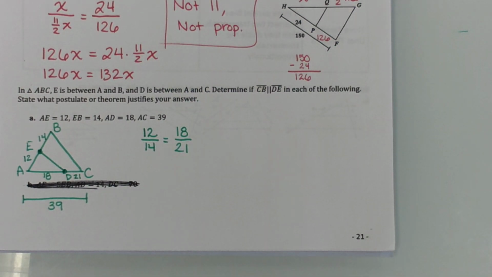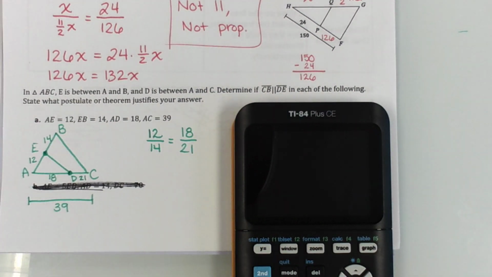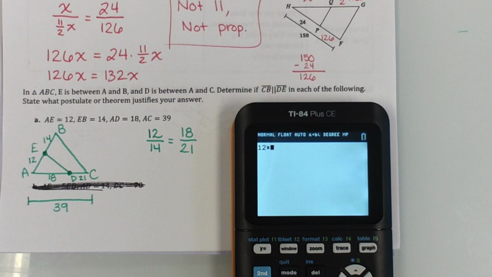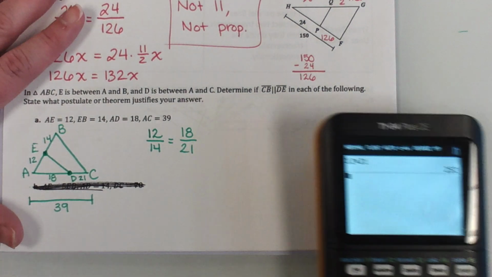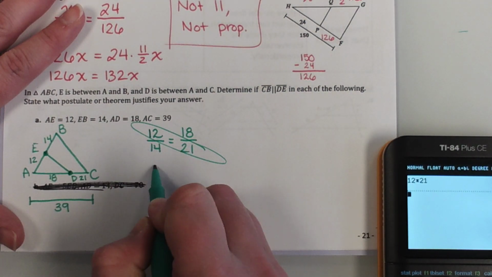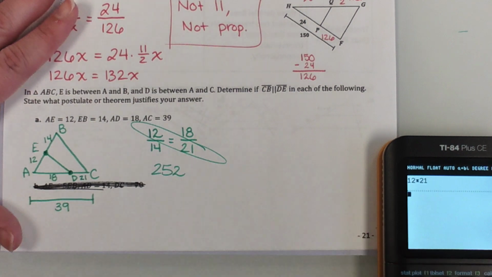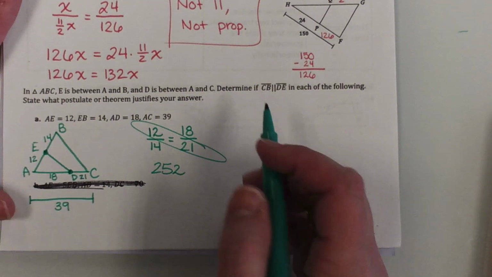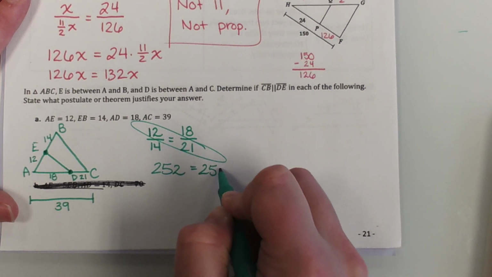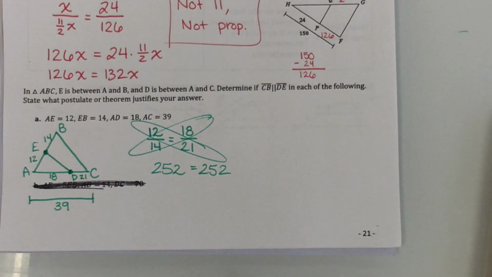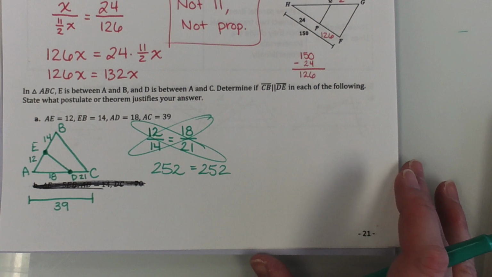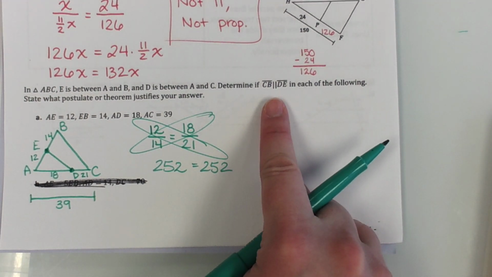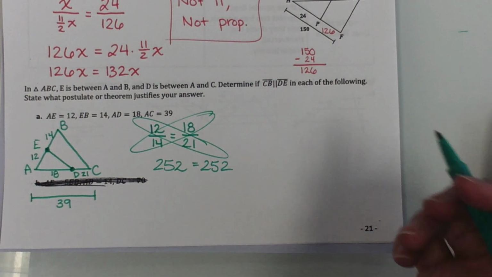I can either simplify the fractions or cross multiply. 12 times 21 is 252. 14 times 18 is 252. Is CB parallel to DE? Yeah, those are the same.